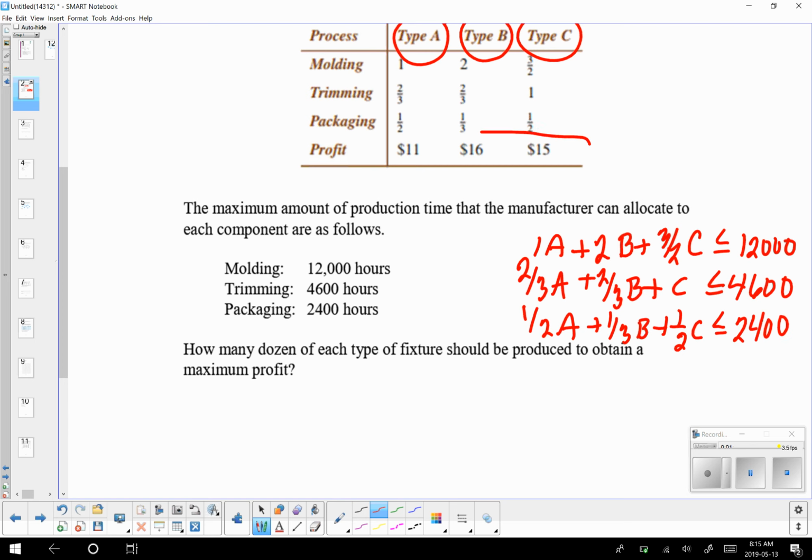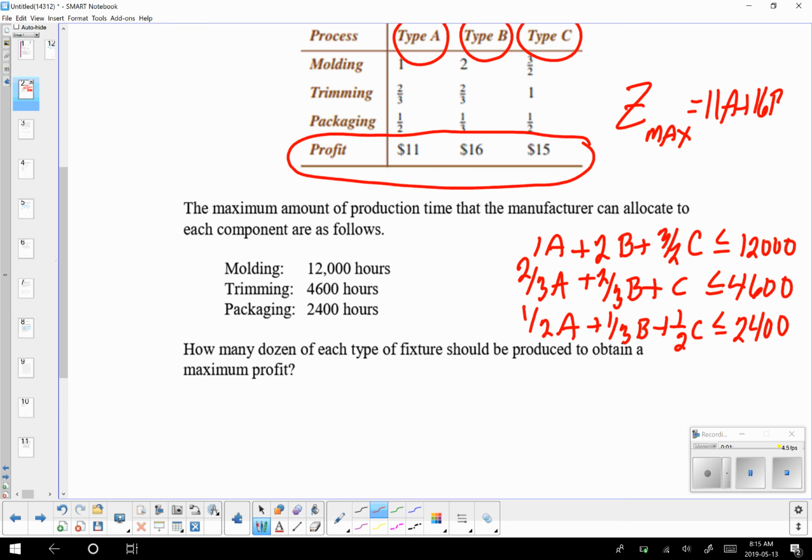And this is our profit line. And so Z max is equal to 11A plus 16B plus 15C.